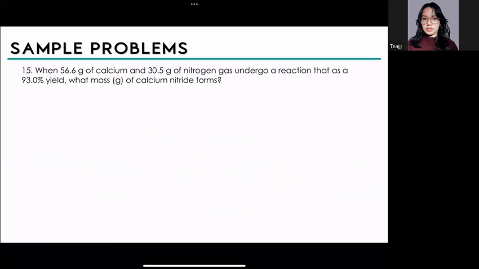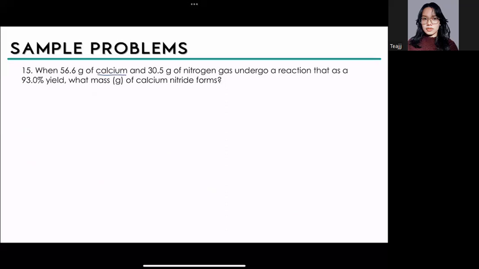Now we have 56.6 grams of calcium and 30.5 grams of nitrogen gas. So nag-react sila. And it has 93.0% yield. Ano yung mass in terms of grams ng calcium nitride na na-form? Now, hindi tayo binigyan ng reaction. So this is a test of how well you could make reactions from the word or the description given.